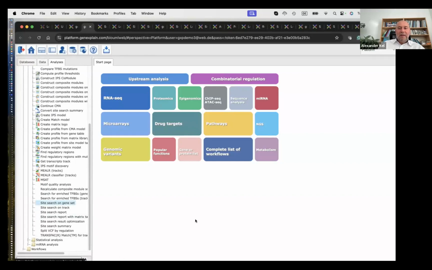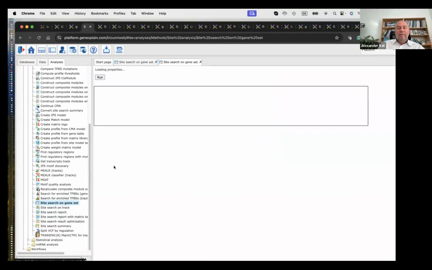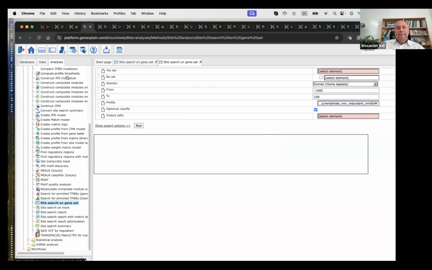In fact, the gene set could be even just one gene. Then this gene is taken, and you apply the whole library of matrices to analyze the promoter of that gene.